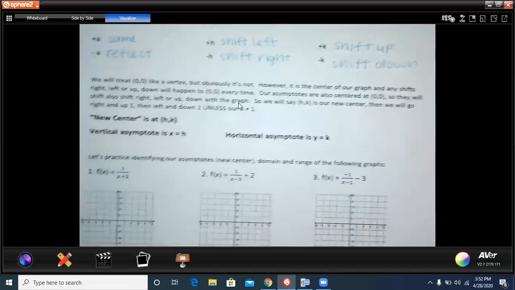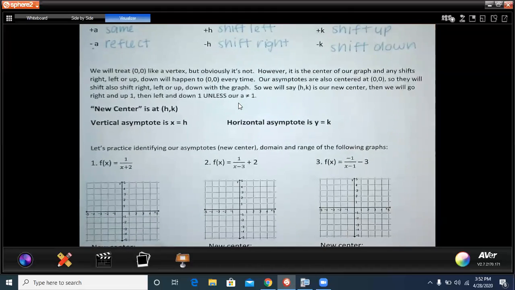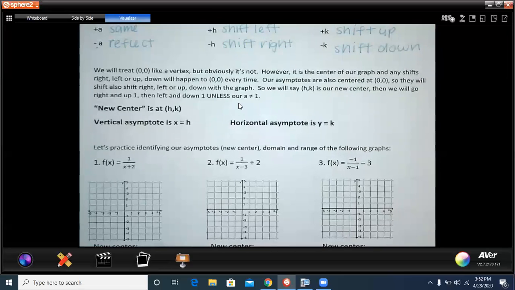Okay, so let's give that a try. So keep in mind our new center is at h, k. We have a vertical asymptote at x is equal to h and a horizontal asymptote at y is equal to k. So it says let's practice identifying our asymptotes, which is our new center, the domain, and range for each of the following.